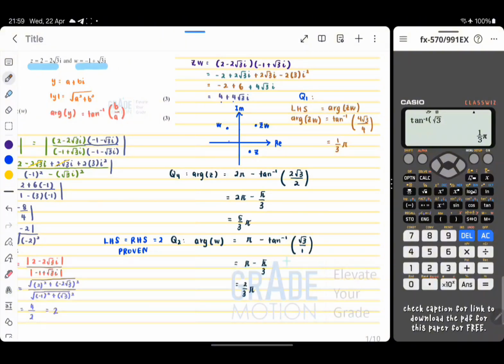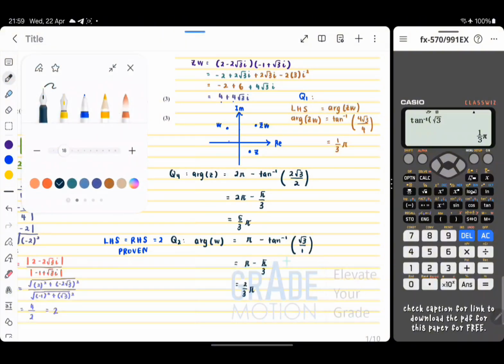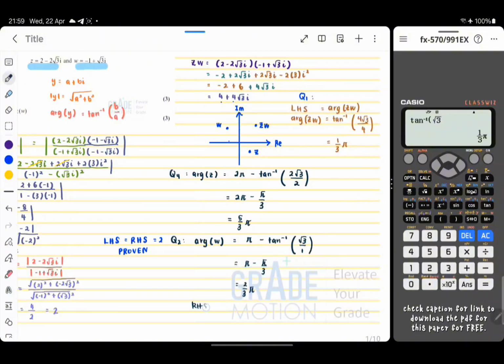Let's find out our right hand side. Right hand side is equal to argument Z plus argument W, which is 5 over 3 pi plus 2 over 3 pi, which is equal to 7 over 3 pi.